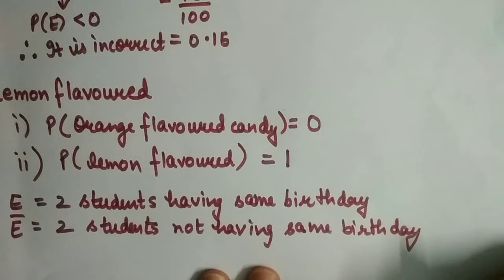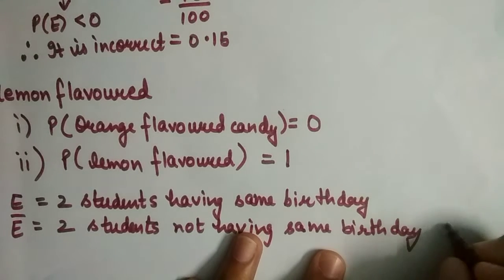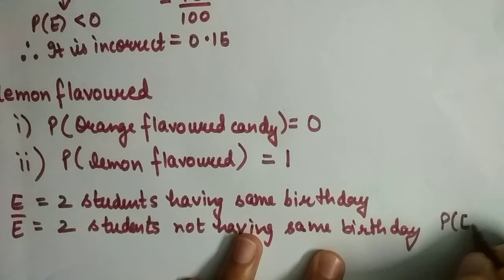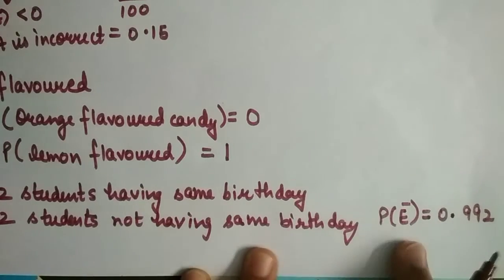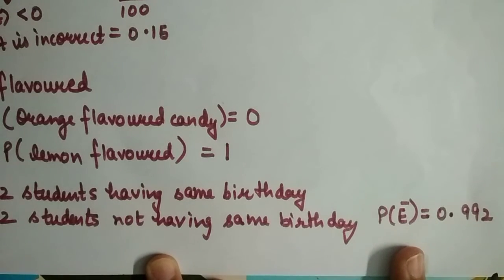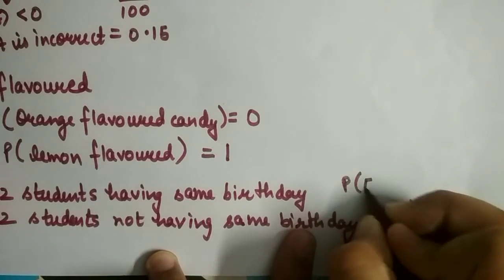Now it is given that the probability of 2 students not having the same birthday, meaning P(E bar), is 0.992. And we have to find the probability that two students have the same birthday. It means we have to find P(E).